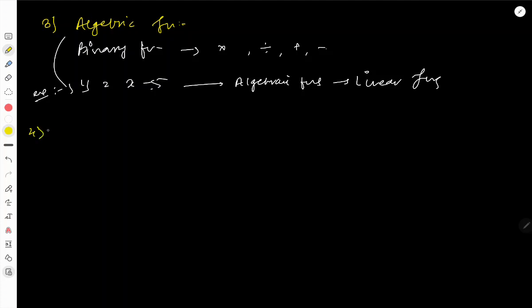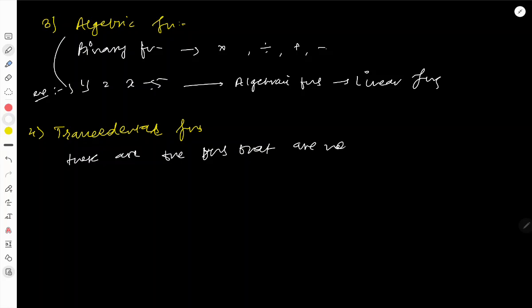The fourth type is transcendental functions. These are the functions that are not algebraic. So if in a particular question it is mentioned that an equation is a transcendental function, then it indicates that the equation is not an algebraic equation, that is, not a linear equation.